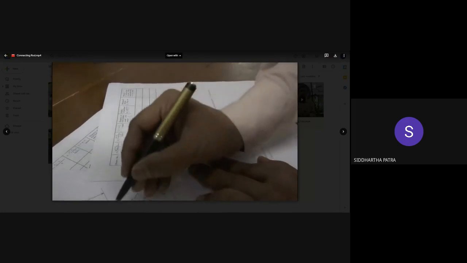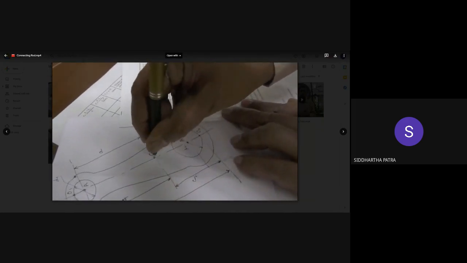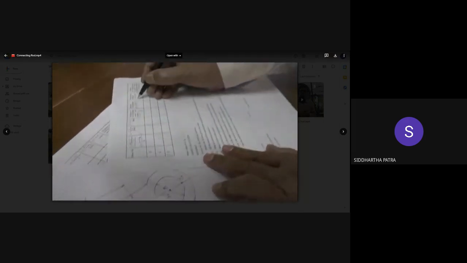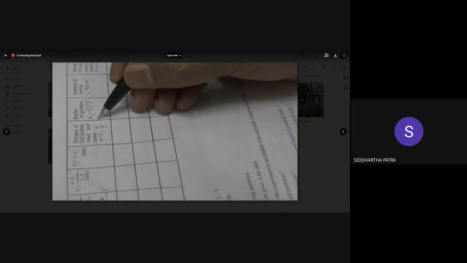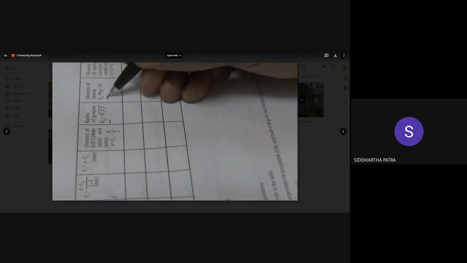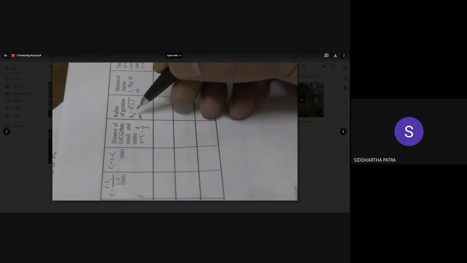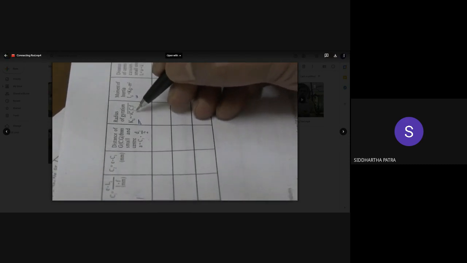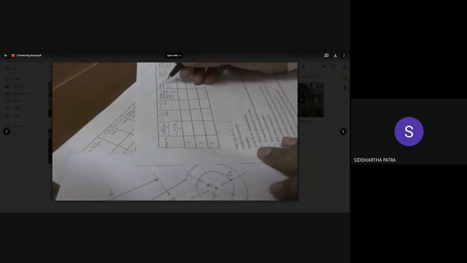And if you want to find out the moment of inertia about this center of mass, that is Ig, and kg is the radius of gyration corresponding to Ig. Ig is the moment of inertia about the center of mass, and kg is the corresponding radius of gyration. That is C1, C2, kg is this one is C1, this one is C2, root over.